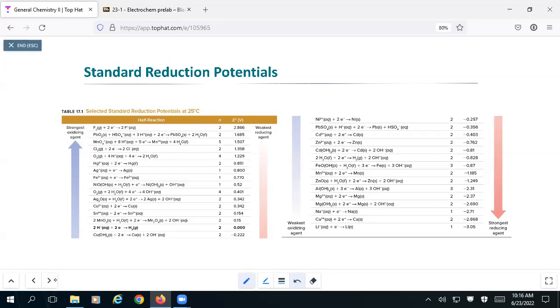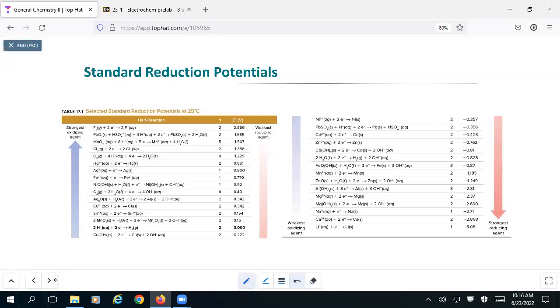We have things like permanganate ion. Permanganate ion is a very good oxidizing agent because we've got that manganese in the positive 7 state. You've got things like chlorine and ozone here. Or I'm sorry, that's oxygen. So you've got lots of different kinds of substances here in play.